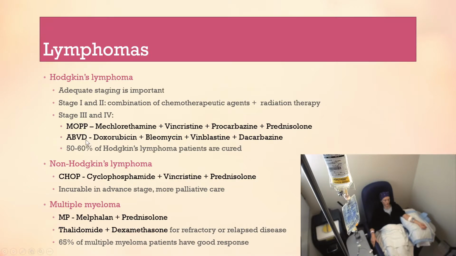MOPP or ABVD regimen has been shown to cure Hodgkin's lymphoma patients, and the CHOP regimen used for leukemia also helps in non-Hodgkin's lymphoma, but usually as symptom relief and not as a cure.